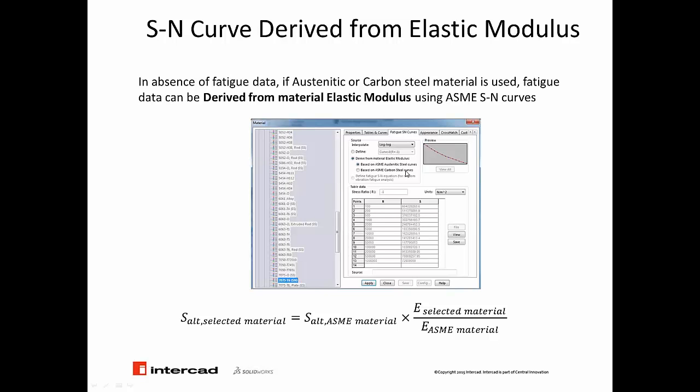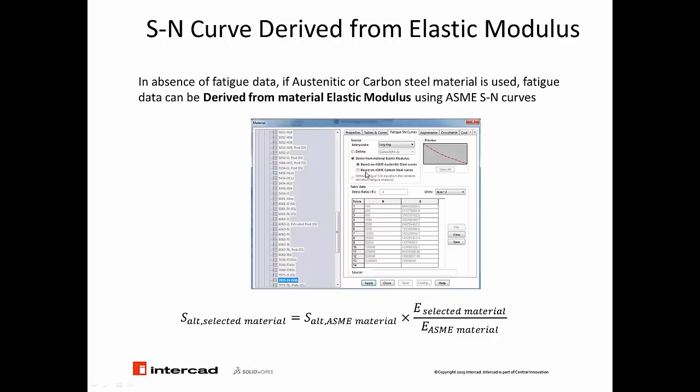The alternating stress of the selected material will be calculated at each level by multiplying the sample data from ASME by the ratio of elastic modulus of the selected material to the ASME material. That is a shift to the alternating stress values of the standard ASME code material, based on the elastic modulus.